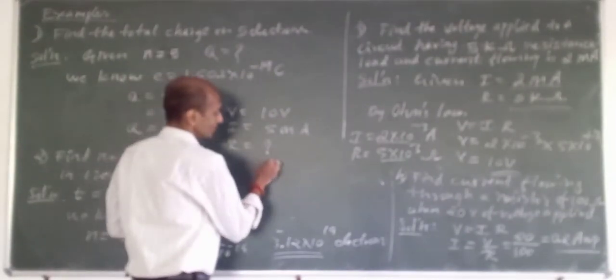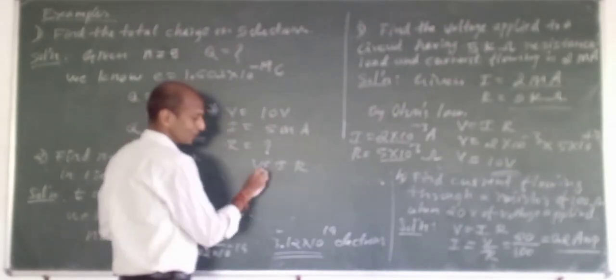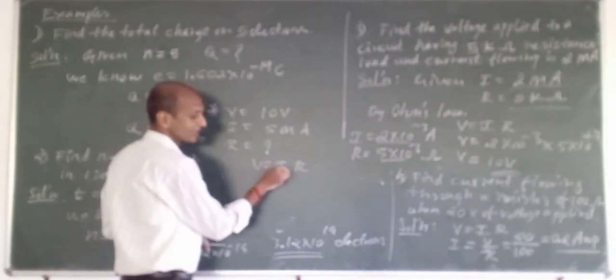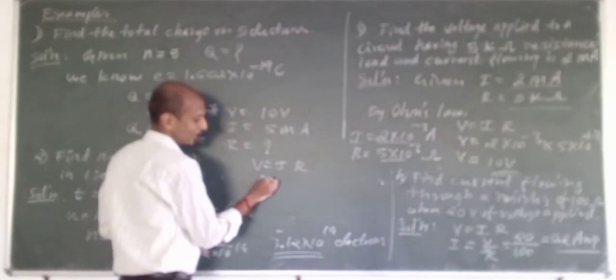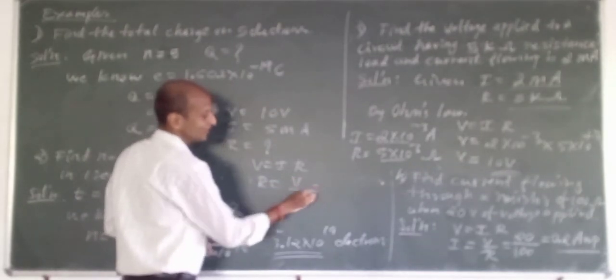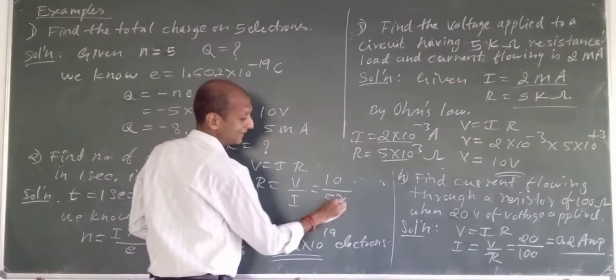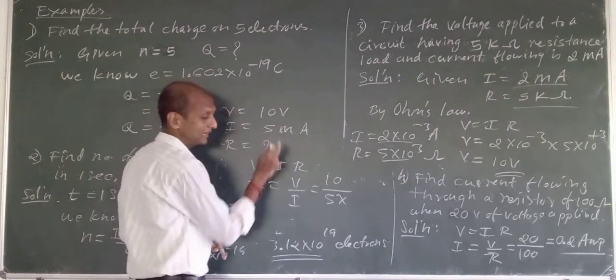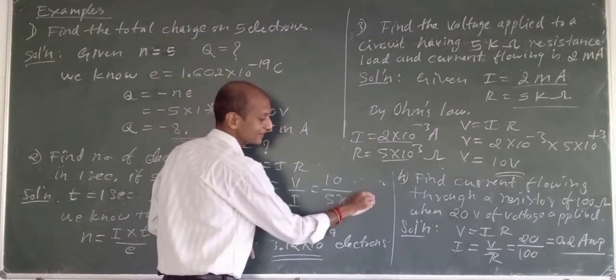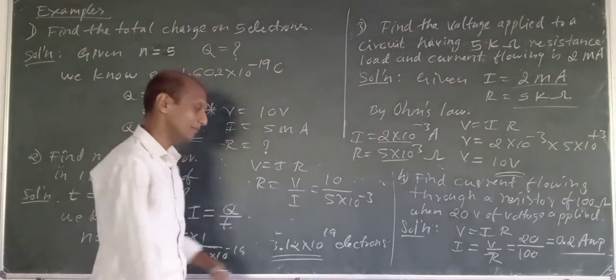Okay, so by Ohm's law we know that V is equal to I into R. If I have to go for the resistance calculation, R is equal to V divided by I. V is 10 volts divided by 5 milli. They have given 5 milliamperes, that is 10 power minus 3, isn't it? So 10 power minus 3 milli calculation.